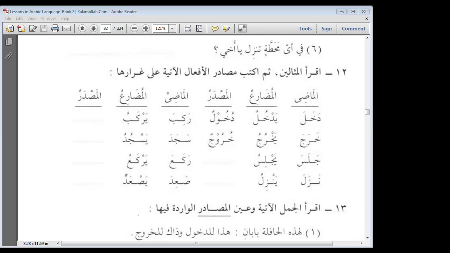What is a verbal noun? It's like, okay, you have the verb kharaja, as you will see in the example here. Kharaja means he exited, right? Yakhruju means he exits, present tense. And then khuruj means exit, right? Not a place for exit, but the exiting of somebody.